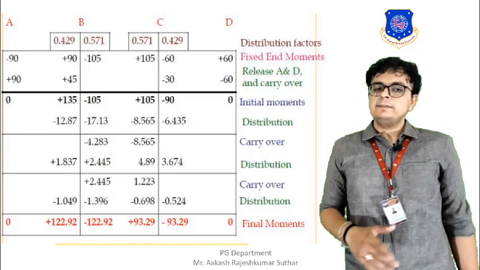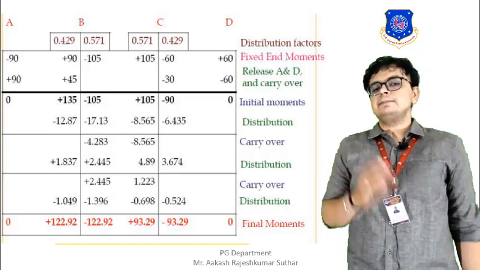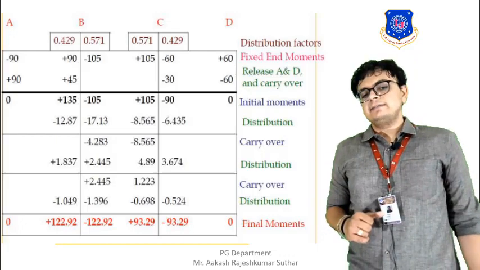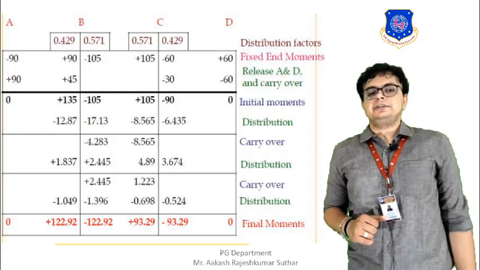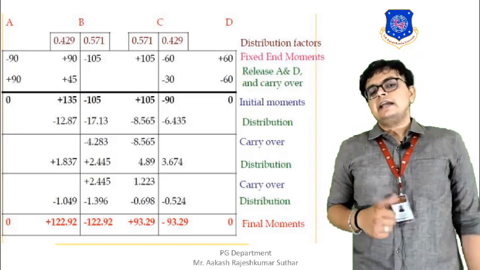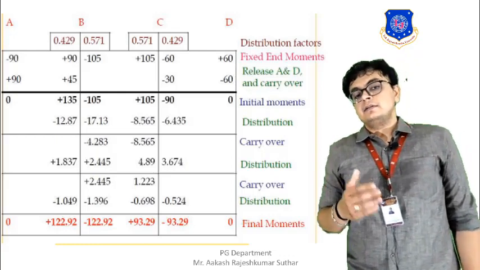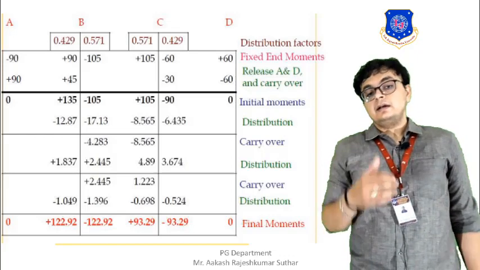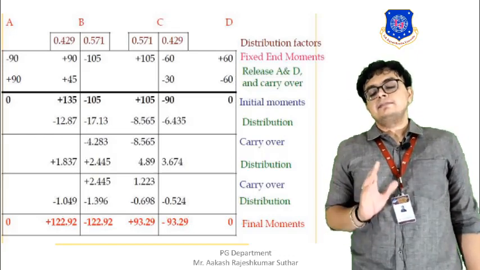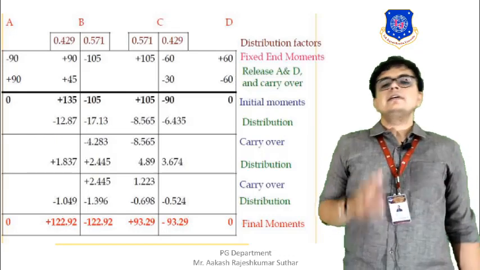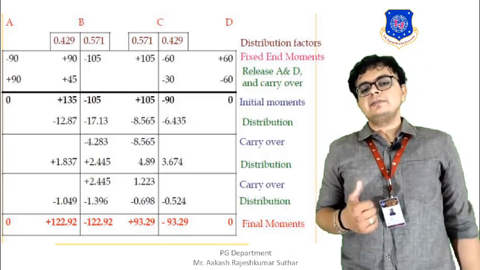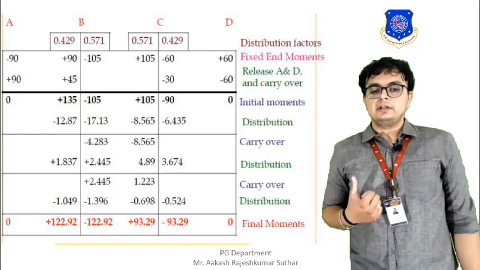At the same time, for the other member of the joint, that is MBC, we are getting minus 122.92. Similarly, at joint C, the final moment for CB will be equal to 93.29, and for CD its final moment will be minus 93.2. Okay.